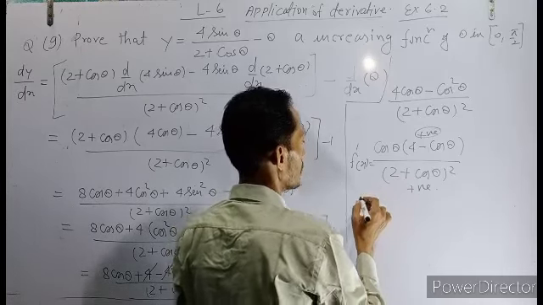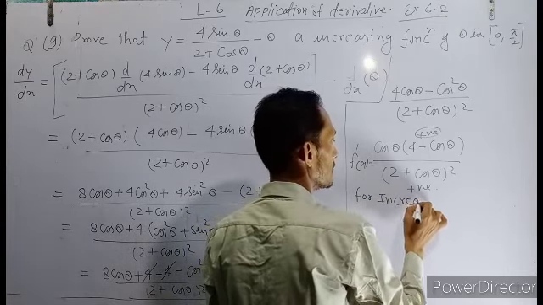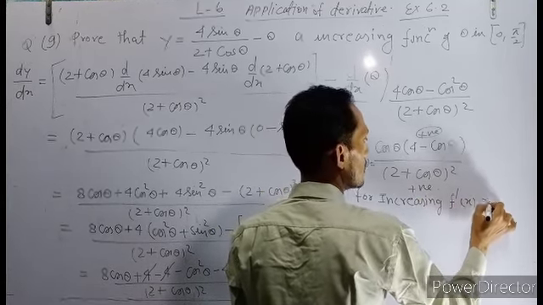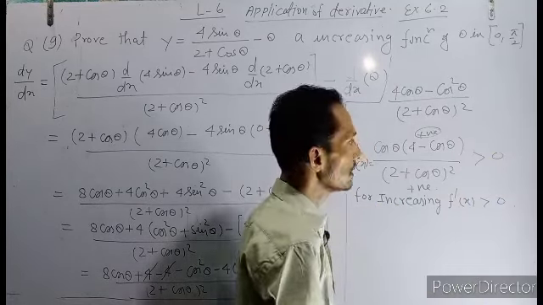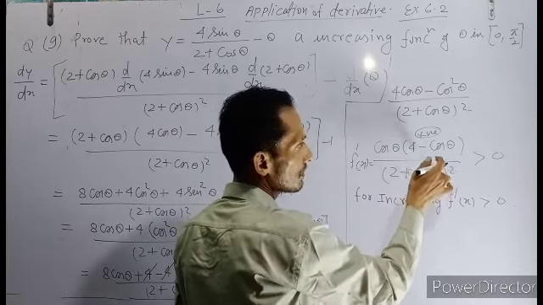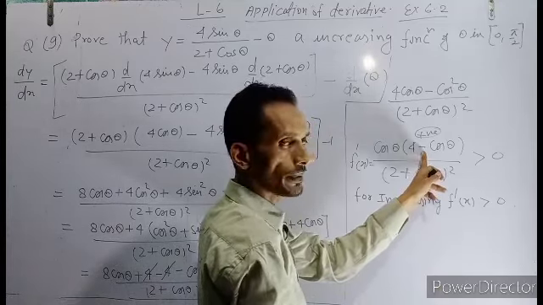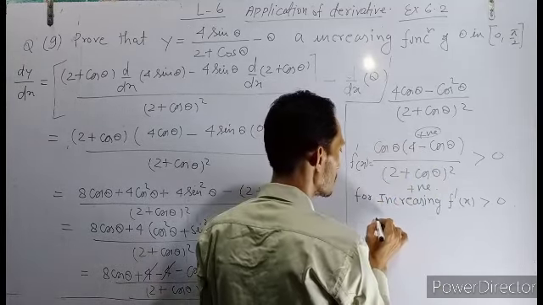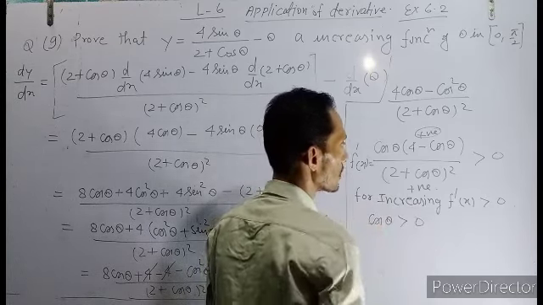So for increasing, f dash x greater than 0, it means that should be greater than 0. So this is always positive, this is always positive, so whether it is positive or negative does not depend upon these two terms, it depends only on cos theta. So we can say that cos theta should be greater than 0.